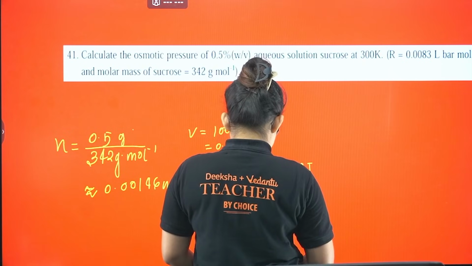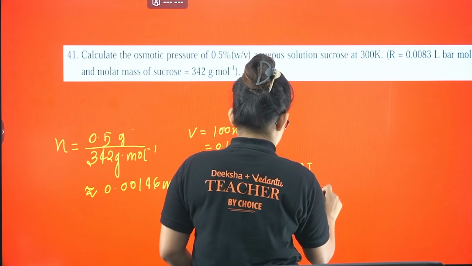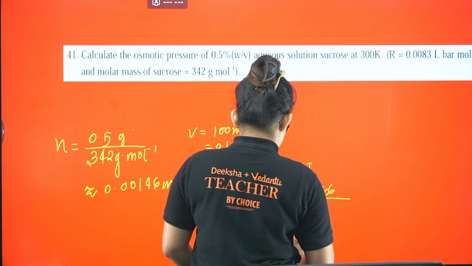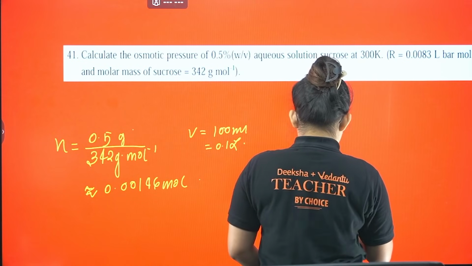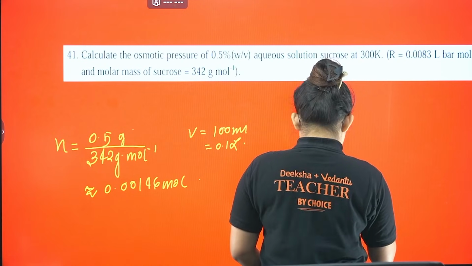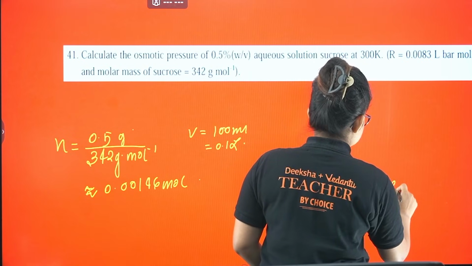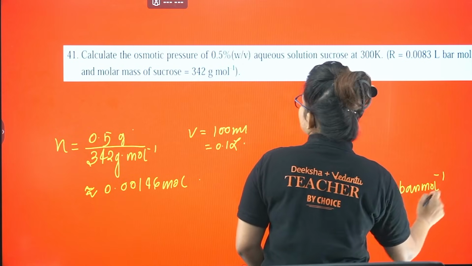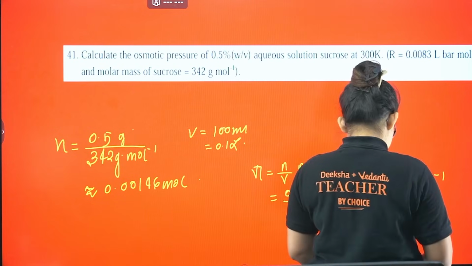So N value is given, that you know, 0.00146 divided by 0.1 into R value is given here, 0.0083 liter bar per mole, and temperature, that is 300 Kelvin, right.